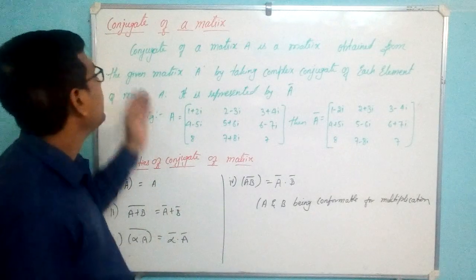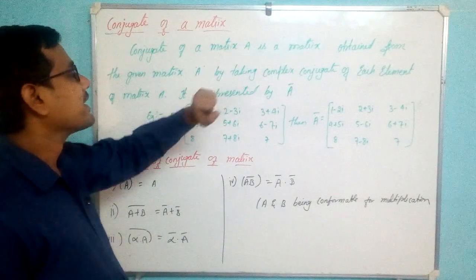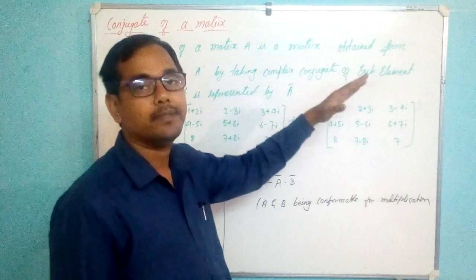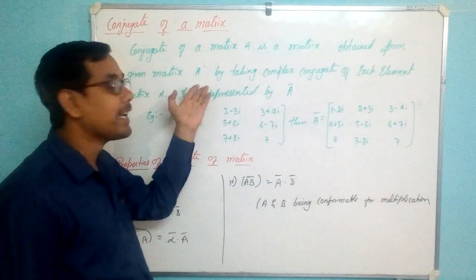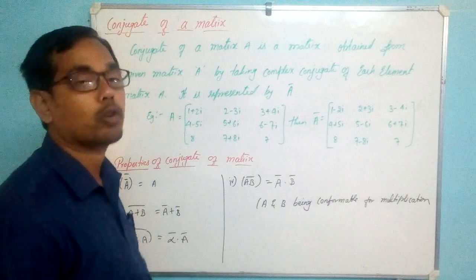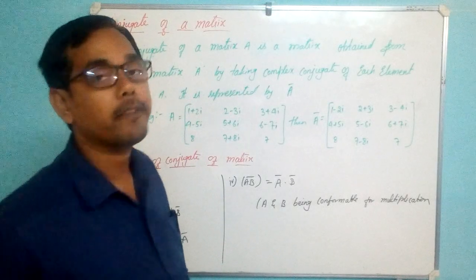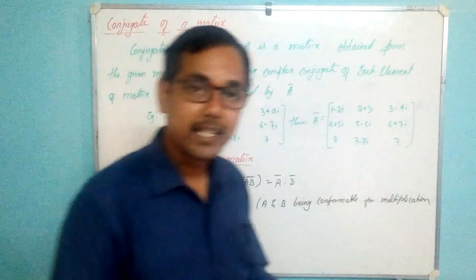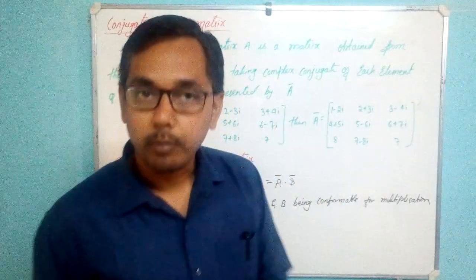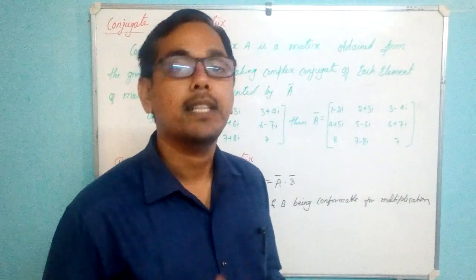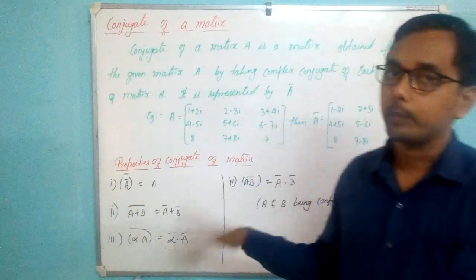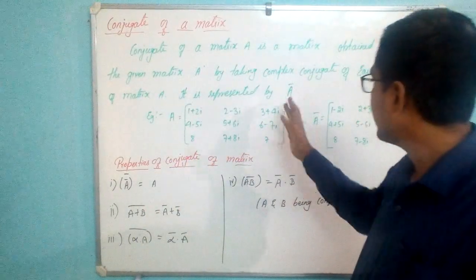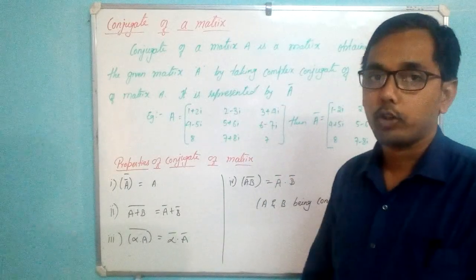So how is it defined? The conjugate of any matrix A is a matrix obtained from the given matrix A by taking the complex conjugate of each element. It is obtained from the given matrix A only by converting its normal complex numbers into complex conjugates. It is represented by A conjugate.